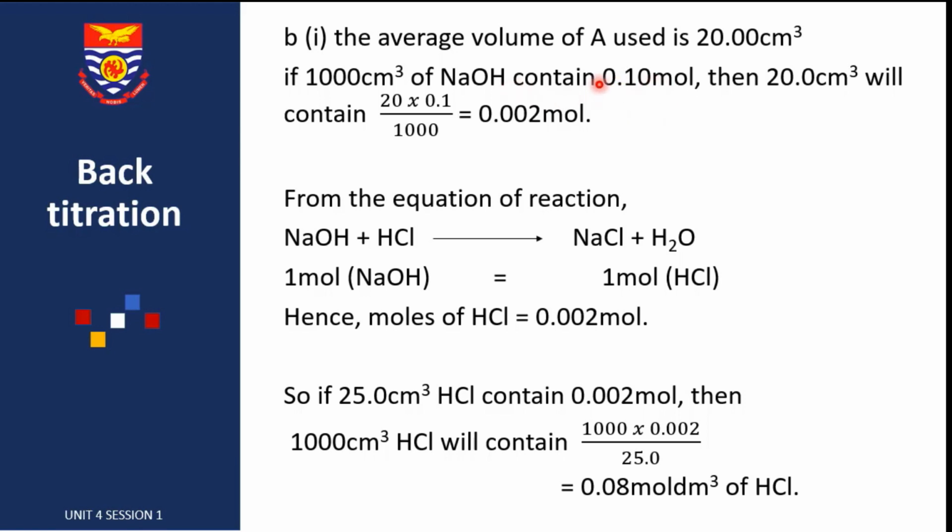We need to interpret that 1000 centimeters cubed contains 0.1 mole. Then out of that 1000, we have the average volume of 20 cubic centimeters. 20 cubic centimeters was fetched out for the process. So if that 1000 contains 0.1, then that 20 that was taken out will contain, we do this and we get 0.002.